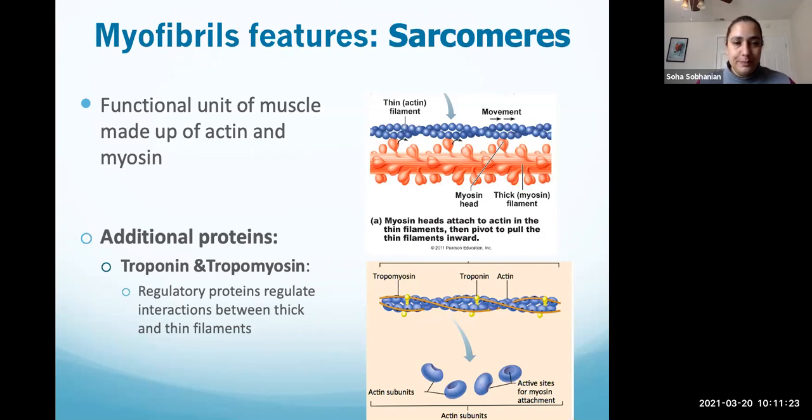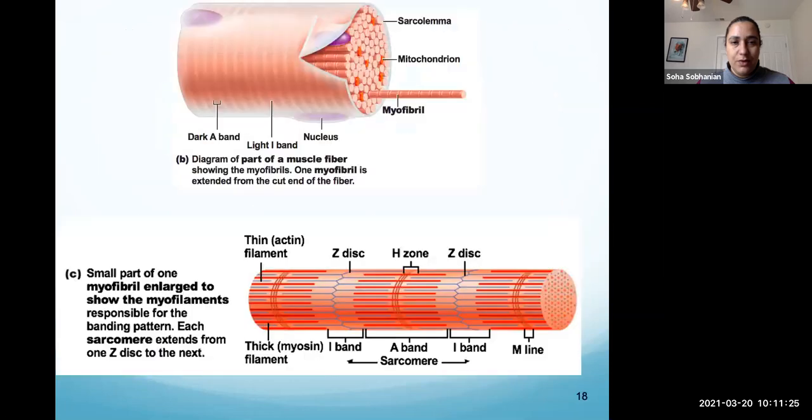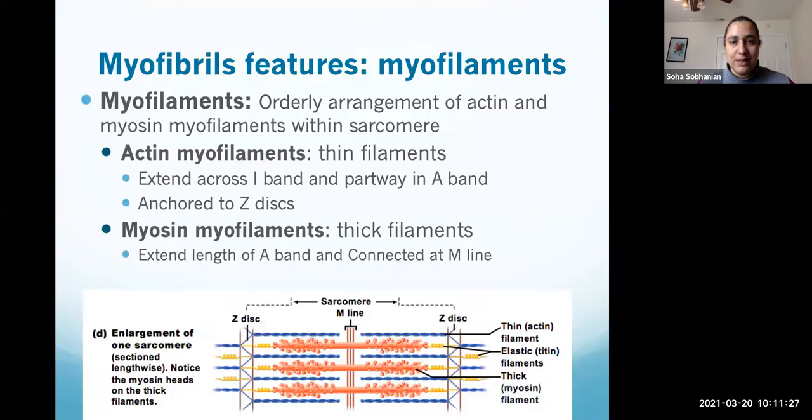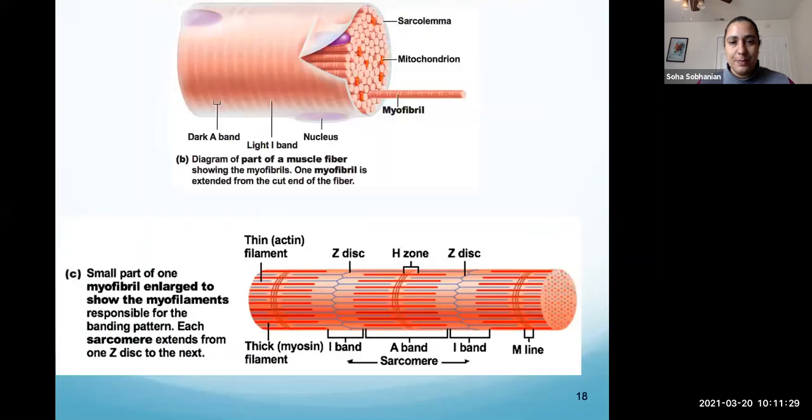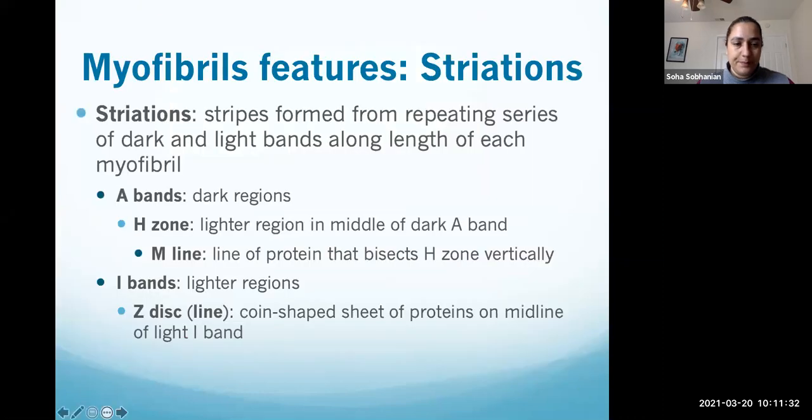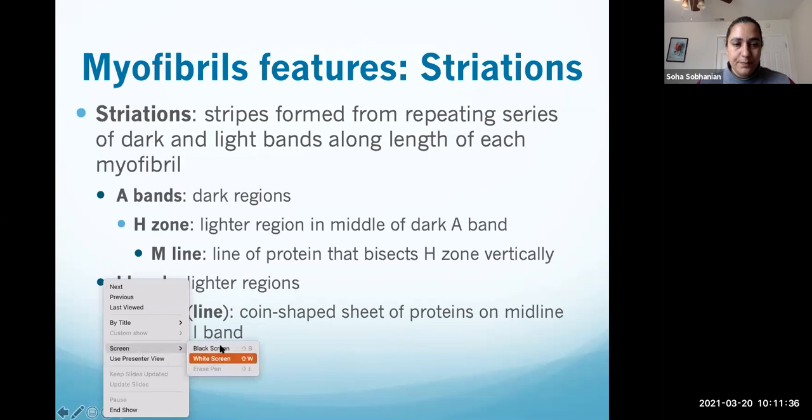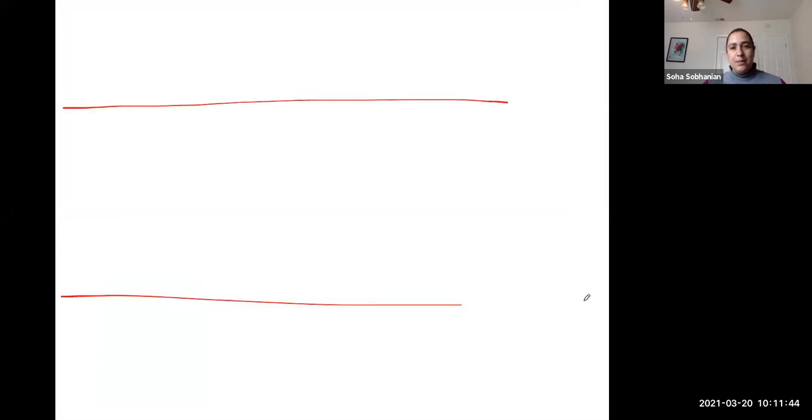Let me just go forward for a second. I just want to see what images I have so I can show it to you. Okay, so if I'm looking at my myofibril, here's my myofibril, just a single myofibril. You have thousands of them inside a muscle fiber.